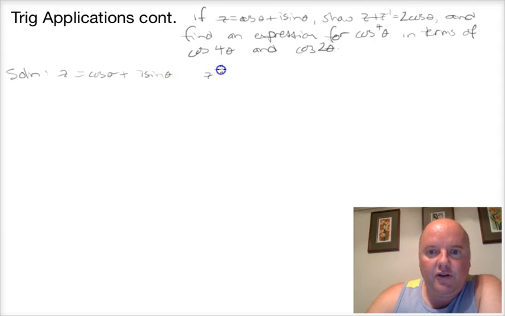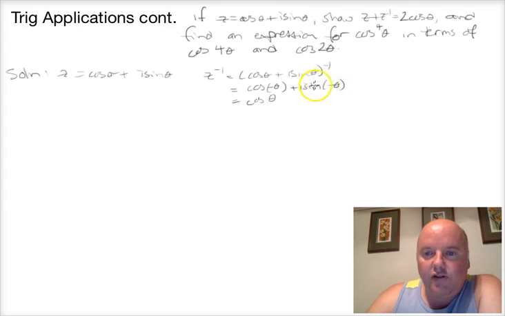And z to the minus 1 is going to be cos theta plus i sin theta to the power minus 1. Now by de Moivre's theorem, that's cos of minus theta plus i sin of minus theta. Now you know that the cos of minus theta is the same as cos theta, and sine of minus theta is the same as minus sine theta, so it really just brings a negative out the front.